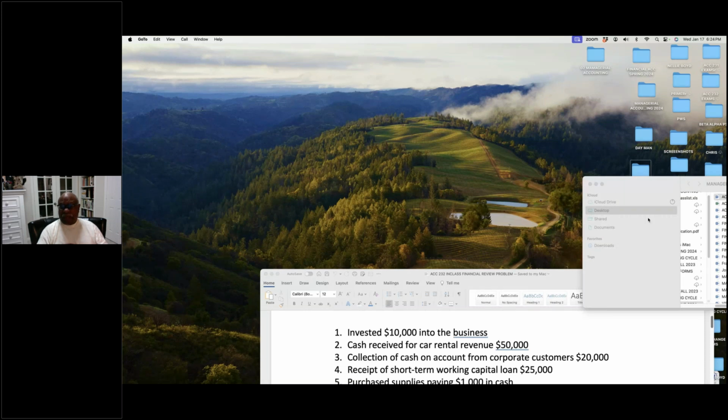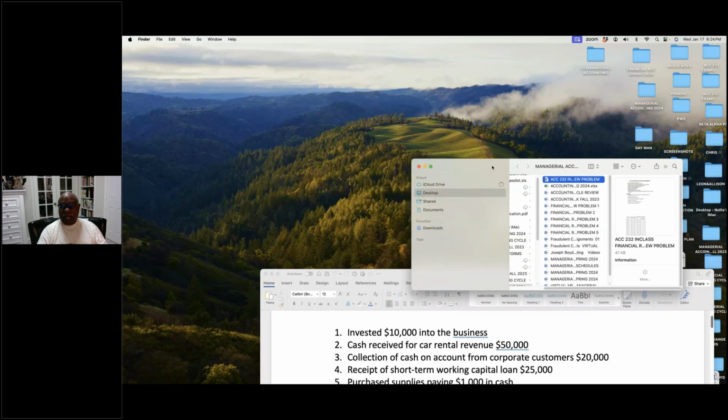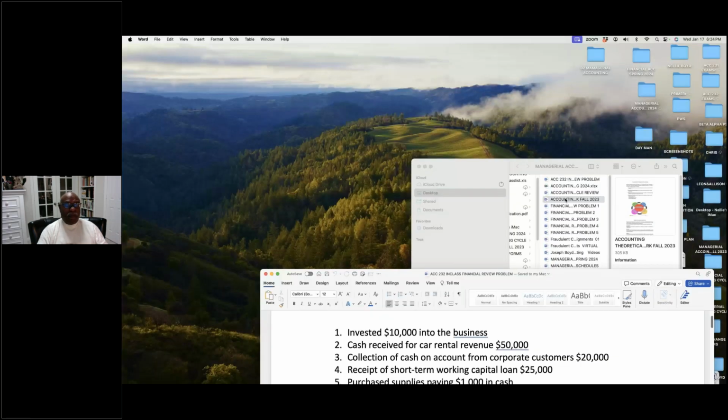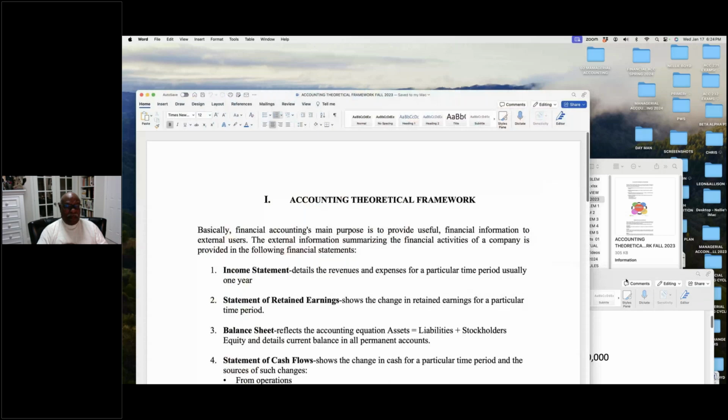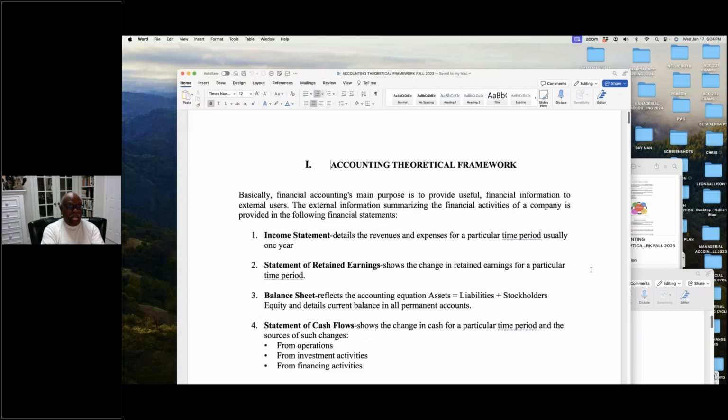Okay, so let's see if we can look at our accounting theoretical framework. And in Principles 1, what you should have learned how to do was prepare an income statement, a statement of retained earnings, a balance sheet, and a statement of cash flows.